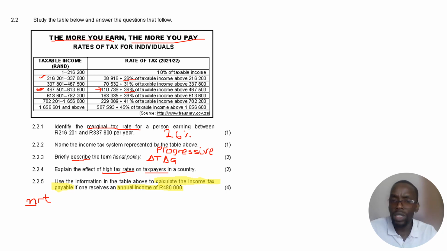And now what do you do when you are calculating the tax payable? You are going to say tax payable is equal to, then you give us that formula.